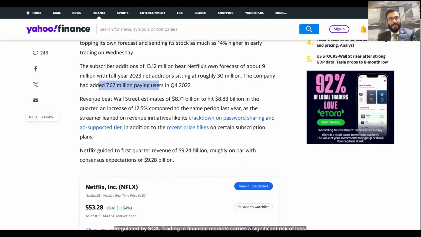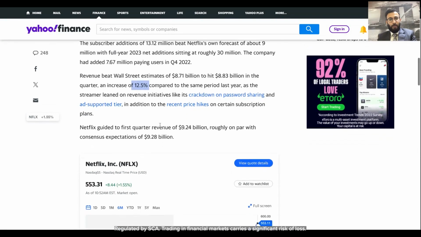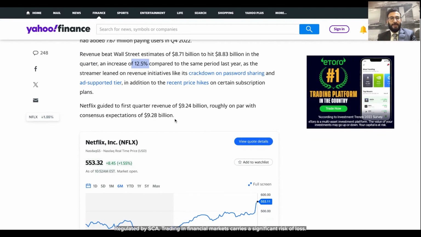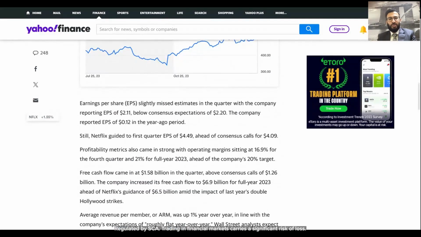So the revenue has beaten the analyst estimates. The analyst estimate was $8.7 billion. It has made $8.8 billion in the quarter, which is an increase of 12.5%, right? So this is something which is really important, guys. The first quarter revenue guidance is $9.24 billion, with expectations of 9.28. Earning per share, if you see right here, slightly missed the estimates in the quarter.